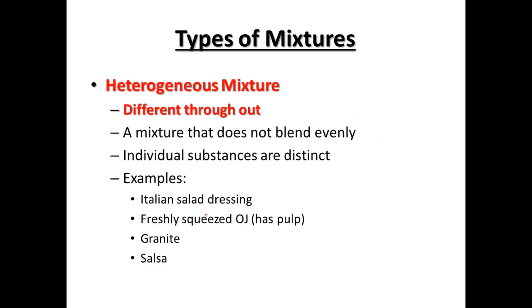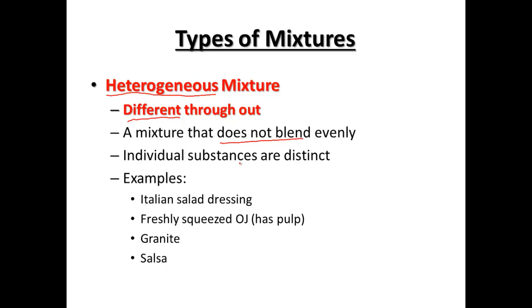Our first type of mixture, to break it down, is going to be heterogeneous. Heterogeneous mixtures are different throughout, meaning the mixtures do not evenly blend. So it is not the same from top to bottom or left to right. Examples: Italian salad dressing, fresh squeezed orange juice, remember it would have to have pulp, granite, a type of rock, salsa, a mixture of tomatoes, peppers, onions, always different no matter how it's made.